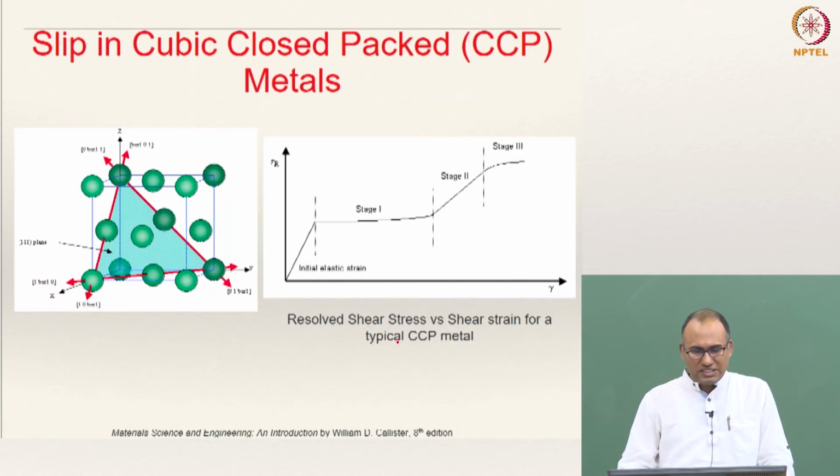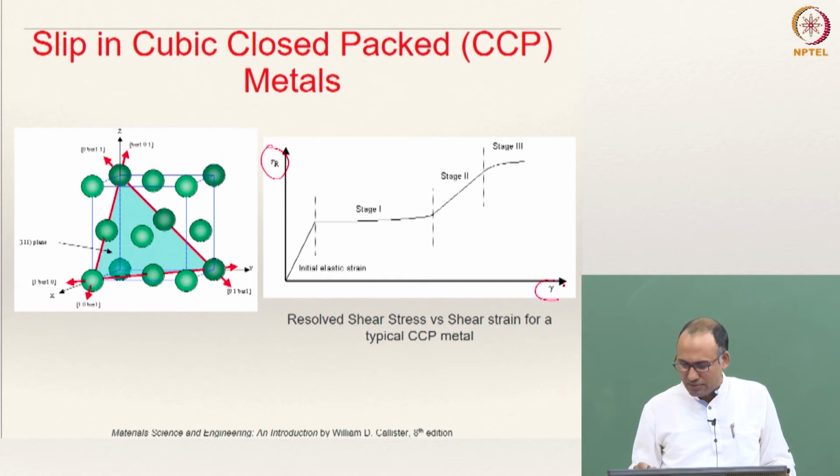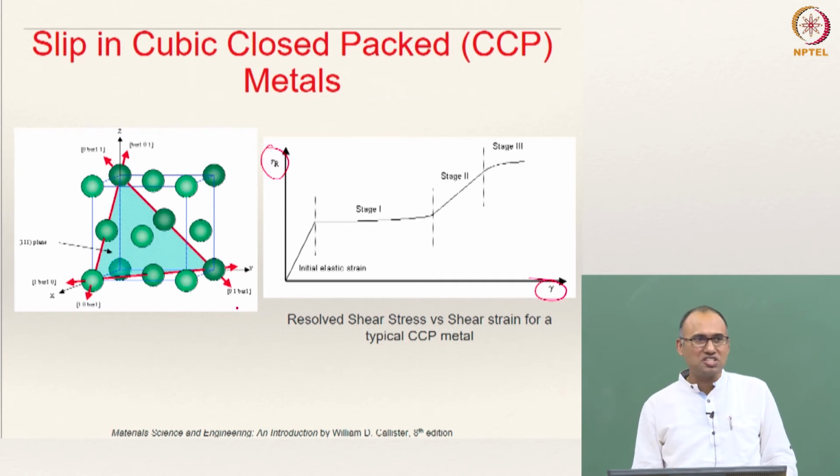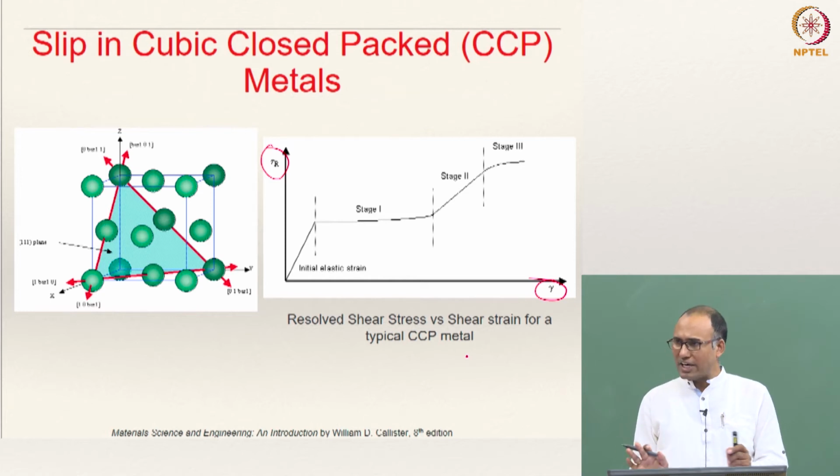Okay. So this is a typical shear stress, shear strain plot on a single crystal material. Let us say this is typically the kind of stress strain response of a single crystal FCC material. BCC and HCP may also show similar behavior, but some of the stages are not going to be as prominent as we see in FCC. So we are restricting ourselves here to the FCC material, but qualitatively the figure looks almost similar.